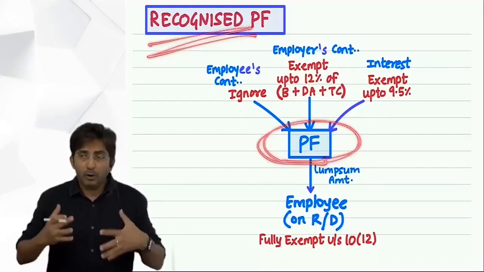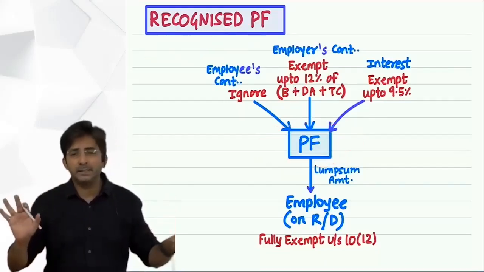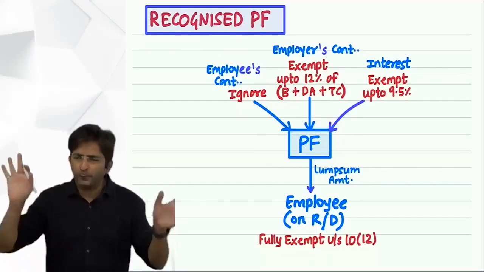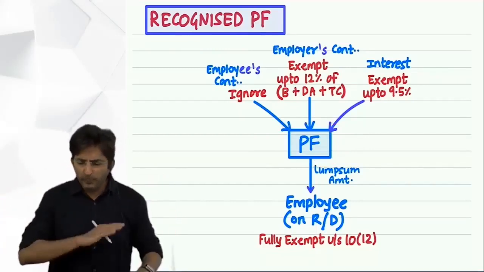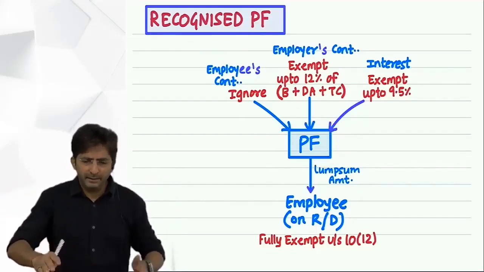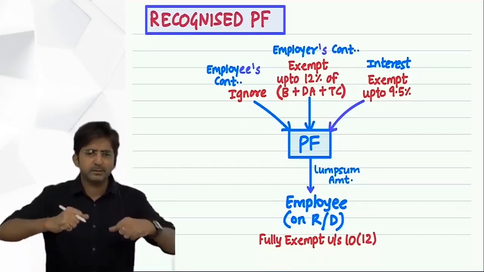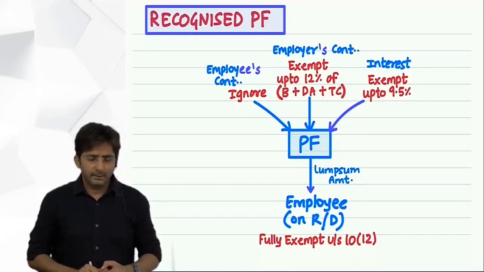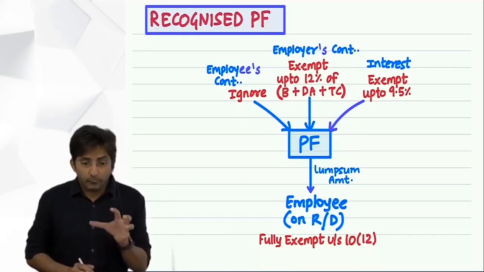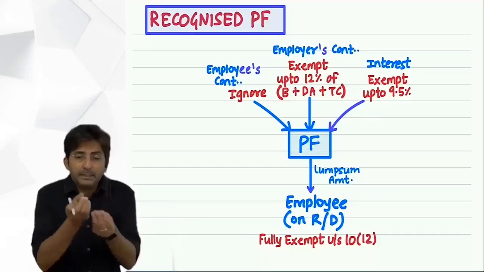And you know what the law feels? Wherever the money is invested, at least it should remain invested for 5 years. If you break the investment early, the investment will not fetch good returns. The basic idea is that the fund money should remain intact for at least 5 years.